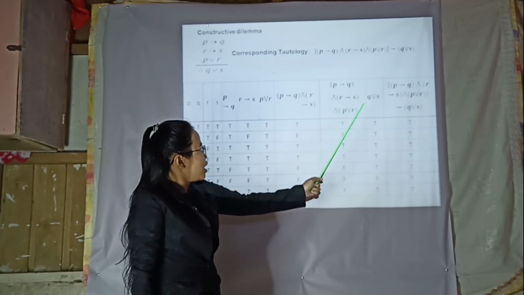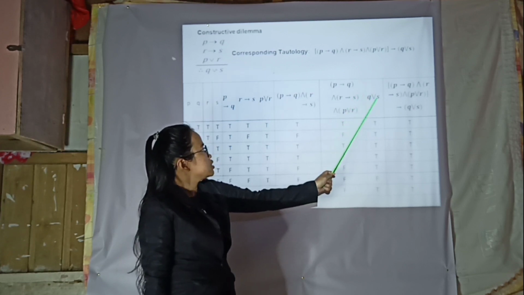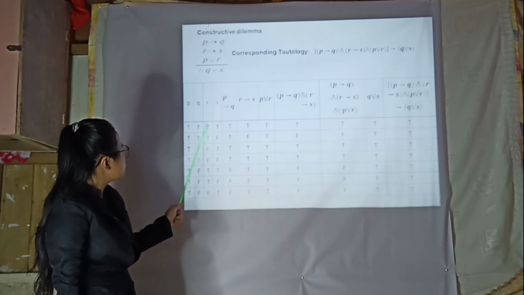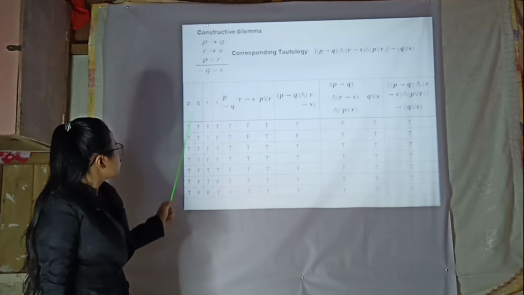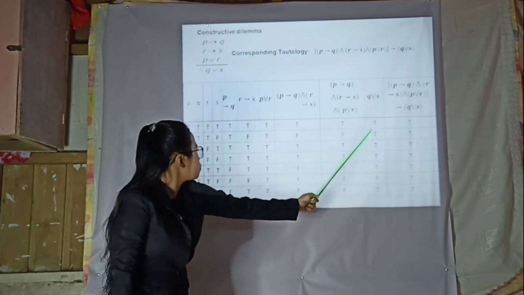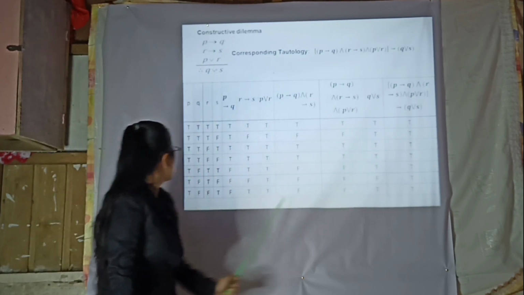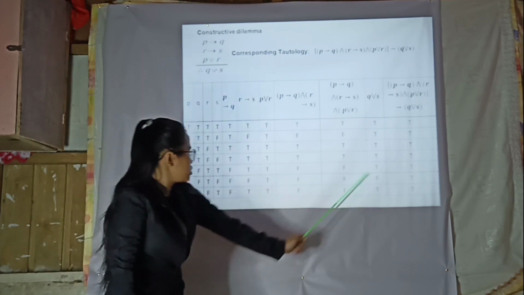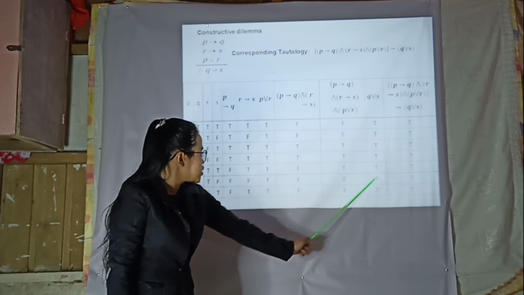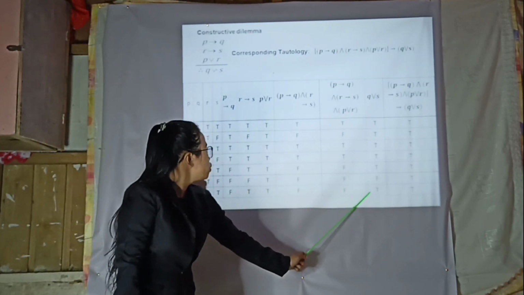So if Q or S, so true is true. True, false is true. True is true. False, true is true. False is false. Then false, true is true.